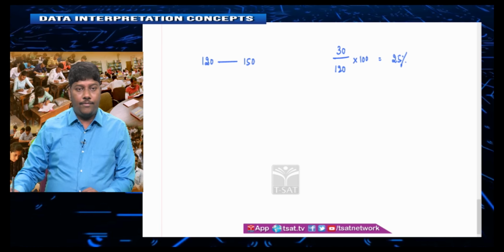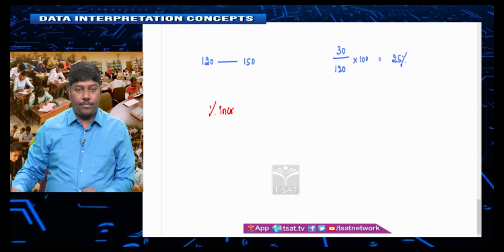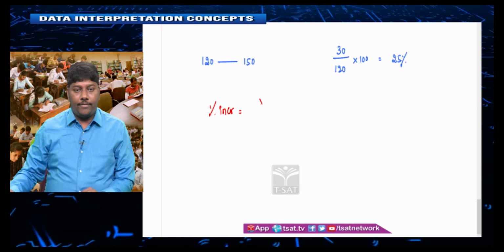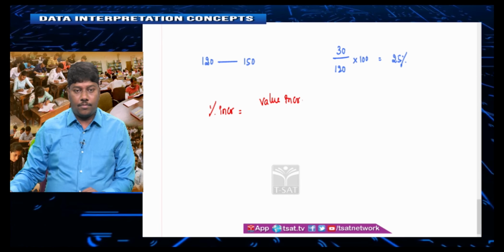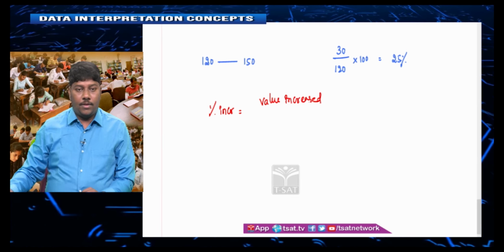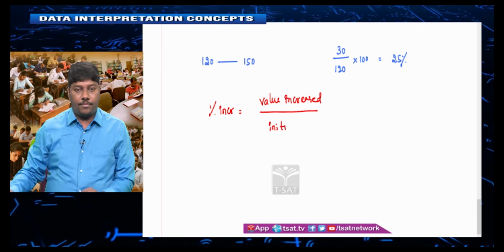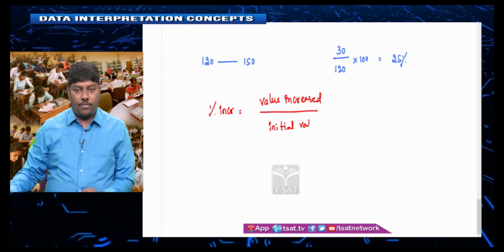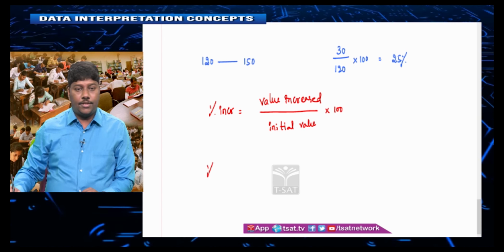So the normal formula for percentage increase: numerator you take value increased, by you take initial value, into 100. This is the formula for percentage increase.